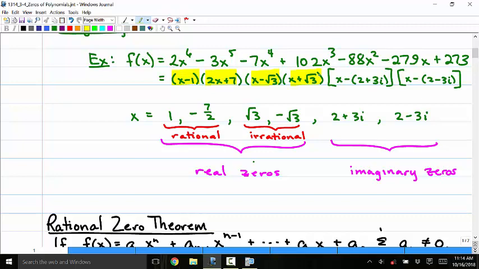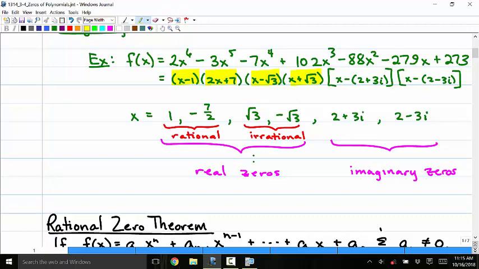2 of those real zeros are rational numbers, and 2 of them are irrational. What's the difference between rational and irrational? Do you remember? Rational can be written as a ratio of 2 integers, like 1 over 1 or negative 7 over 2. Those are rational numbers. The 2 irrational have radicals.